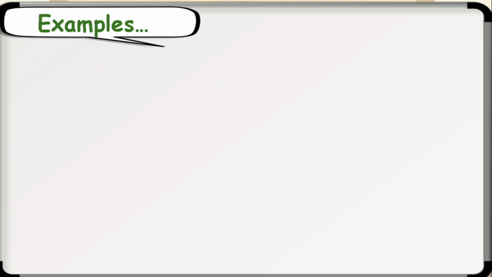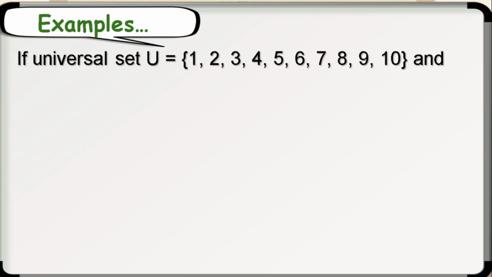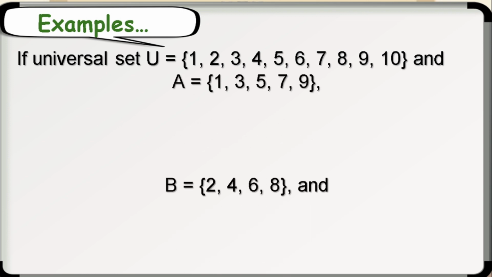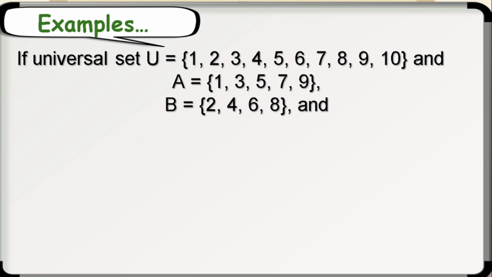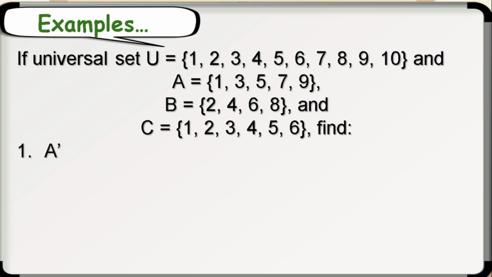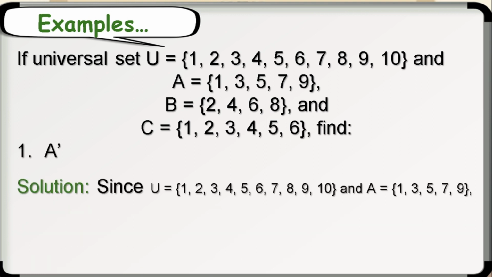Let's have some examples. If universal set U is 1, 2, 3, 4, 5, 6, 7, 8, 9, 10, and set A is 1, 3, 5, 7, 9, set B is 2, 4, 6, 8, and set C is 1, 2, 3, 4, 5, 6, find number 1, the complement of A or A prime.